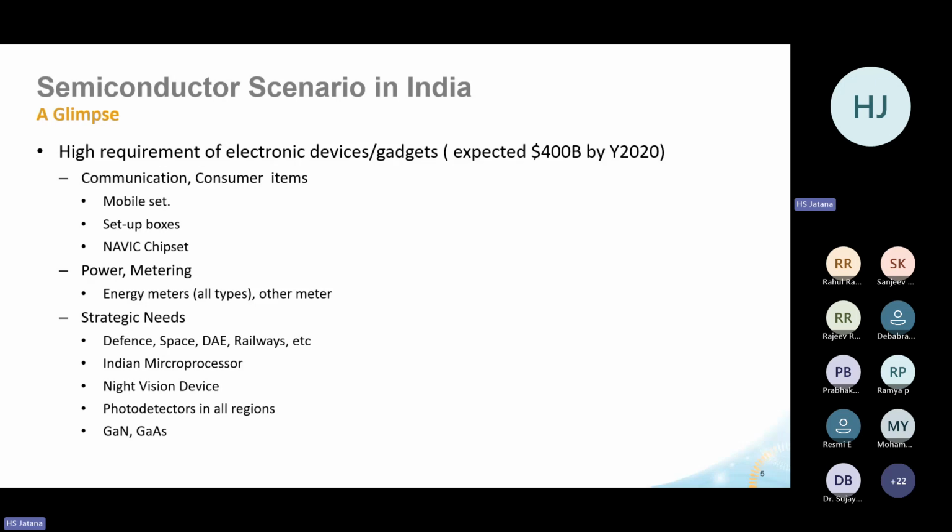But there's a huge requirement, as shown on the screen: mobile sets, set-top boxes, transceivers, modems, energy meters, particularly smart cards. So there is a huge requirement of all these devices, and commercial devices. Then we have big railways, and the fourth largest defense. They also need a lot of equipment.